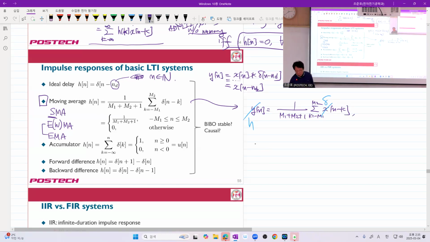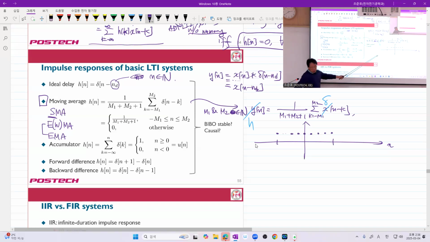And if you plot the impulse response, what happens? Here is n, and the non-zero value is 1. Let's assume M1 and M2 are both natural numbers, which means positive integers. Now, what are the time indices of this one and that one?